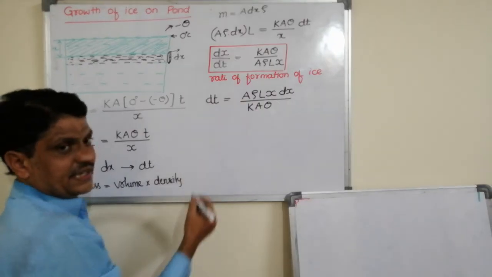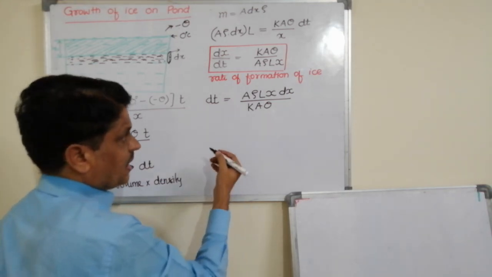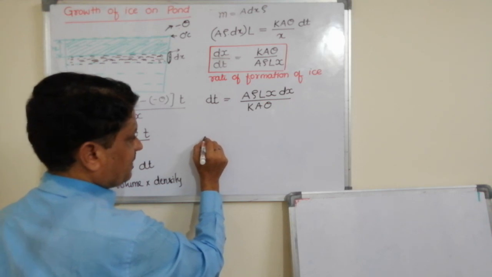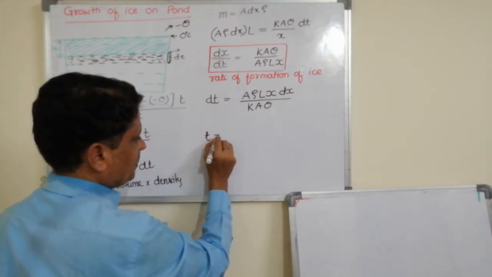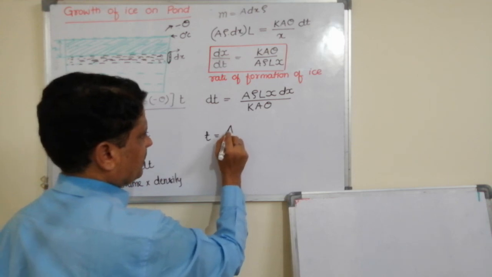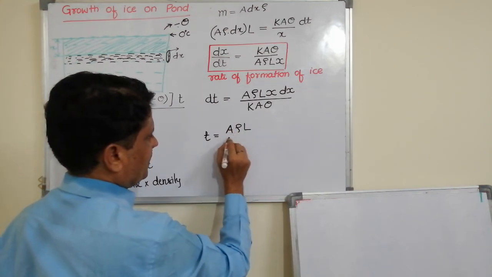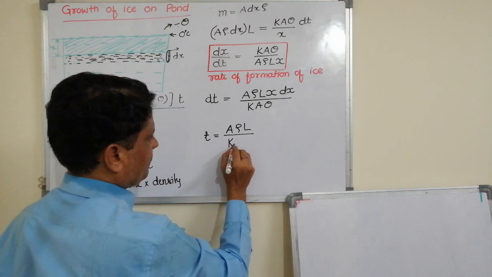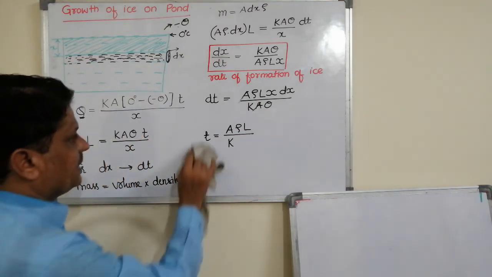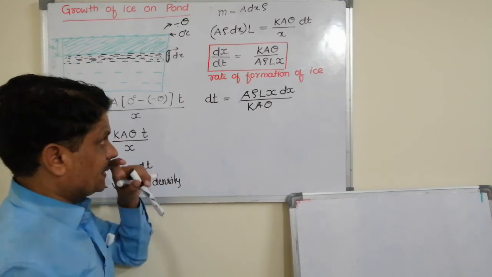To get the time, integrate on both sides. After integration, a rho L by K. This A I can cancel, no? So why should I write it again and again?